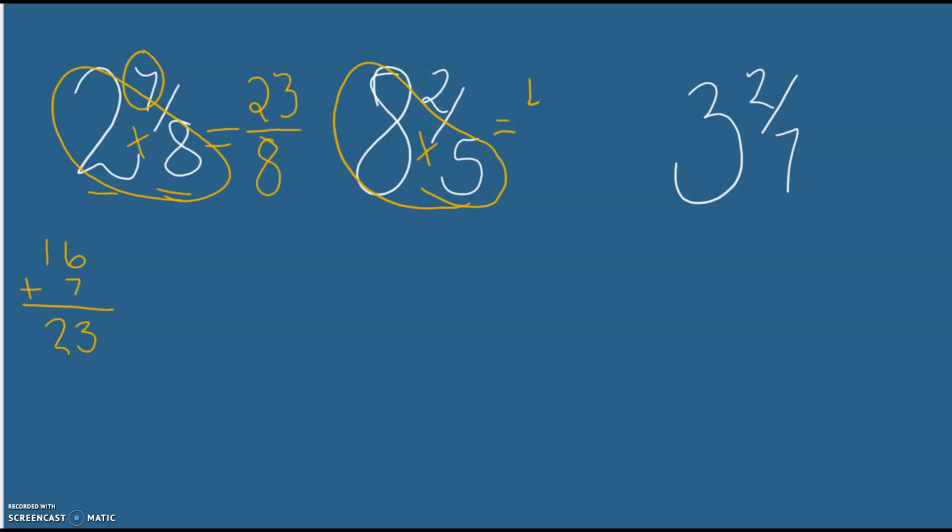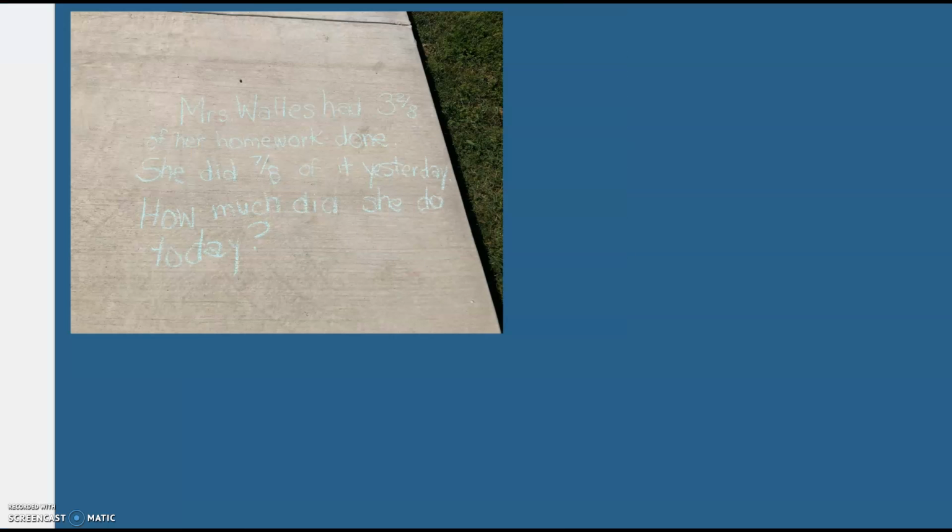So this one would convert to 42/5. This one, I have to do the 3 times 7, so 3 times 7 is 21, 22, 23. So I'm going to convert this one as 23/7. That's how you convert a mixed number to an improper fraction.